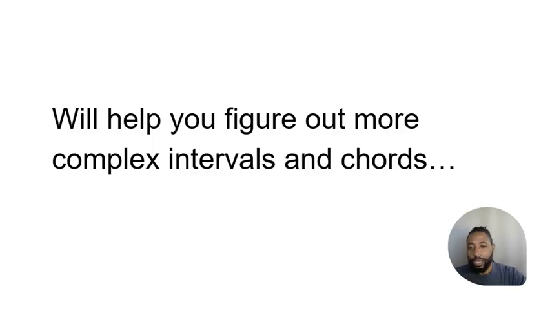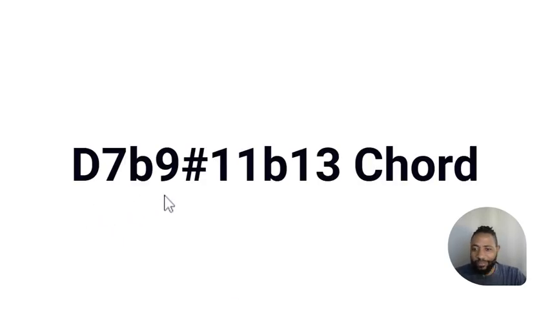But in the future, this will help you to figure out more complex intervals and chords. If you've done any study on jazz music, for example, or interesting guitar chords, you'll see some crazy things that are like, what is that? For example, a D7 flat 9 sharp 11 flat 13 chord or something like that. So you can look at that and be like, okay, I can figure out what the seventh note above a D would be, what the ninth note above a D would be, what an 11th would be, what the 13th would be.